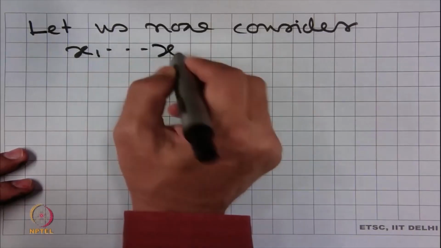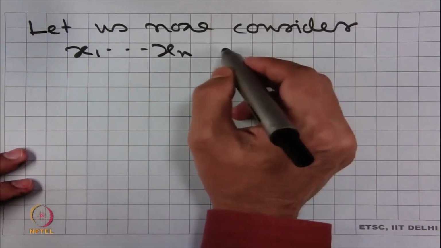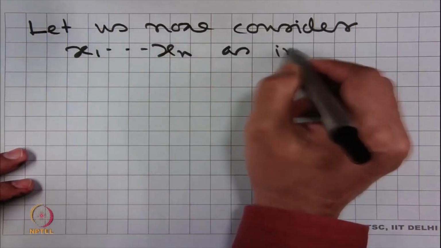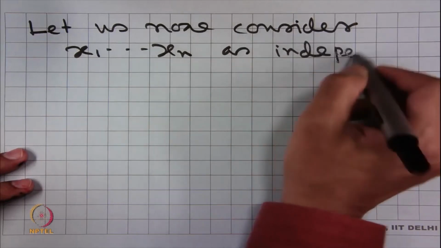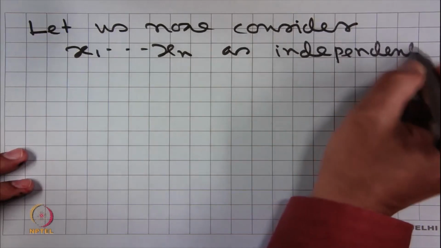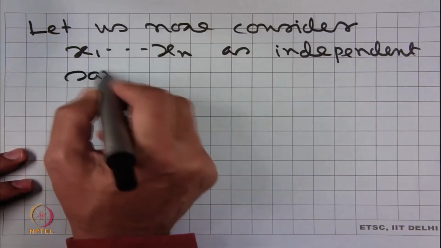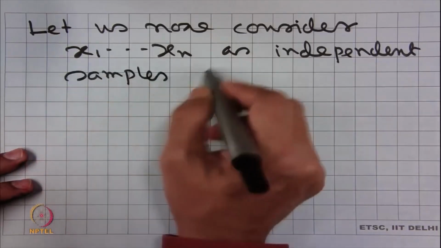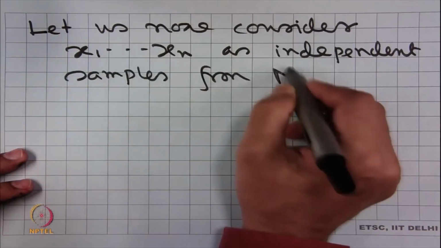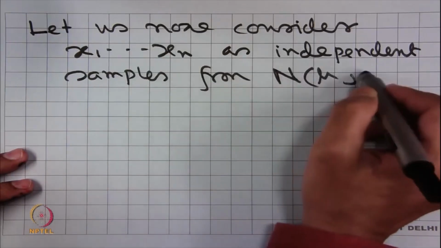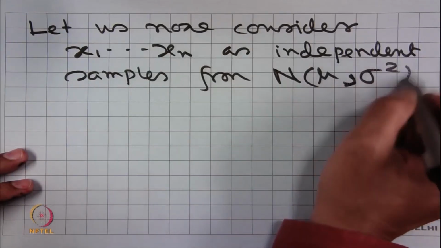Let us now consider x1, x2, xn as independent samples from normal mu sigma square.